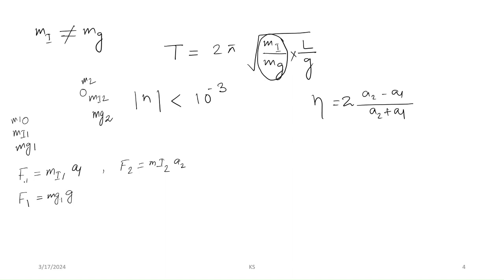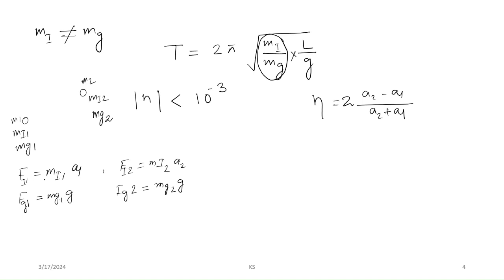Let's write it for inertial force Fi1 and for gravitational force Fg1, and here Fi2 and Fg2, which is mg2 g.